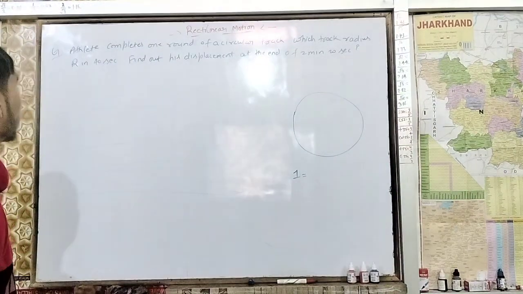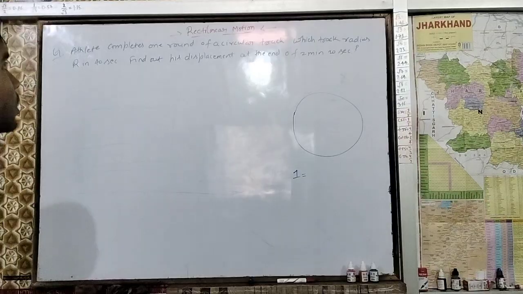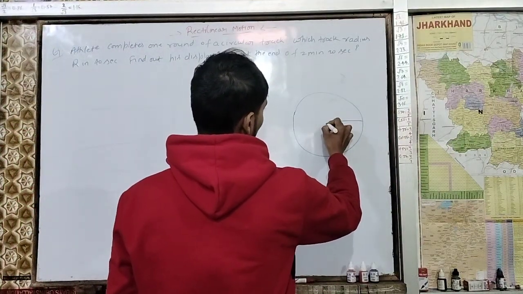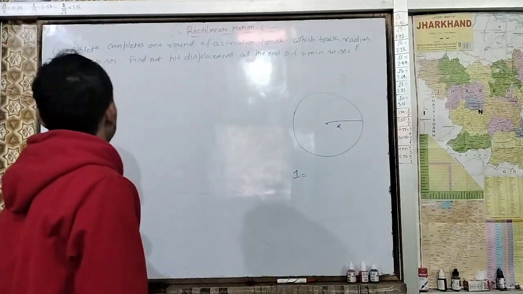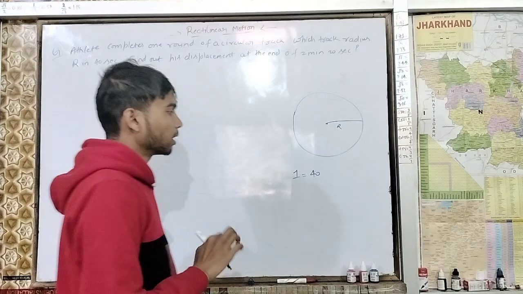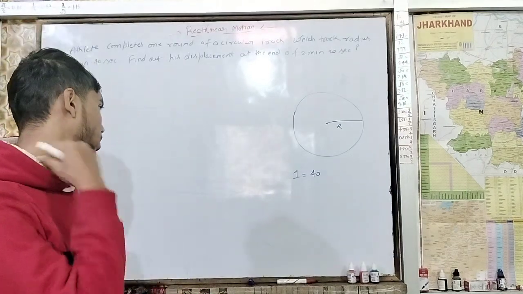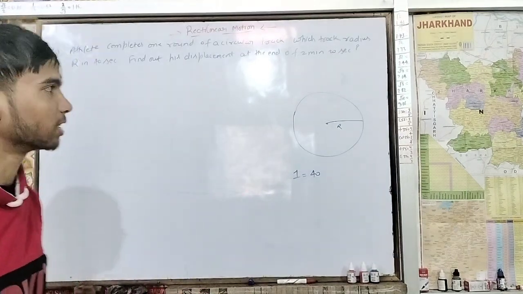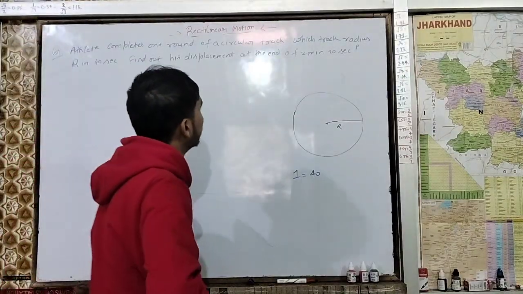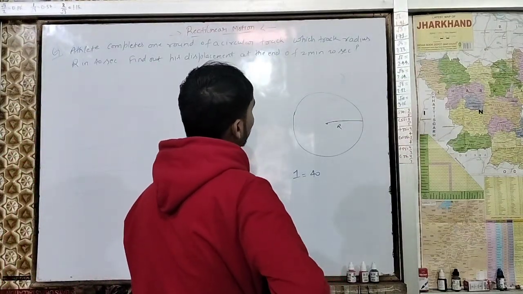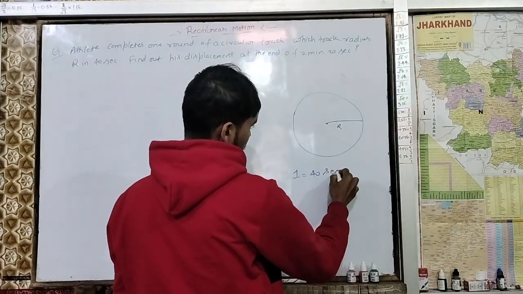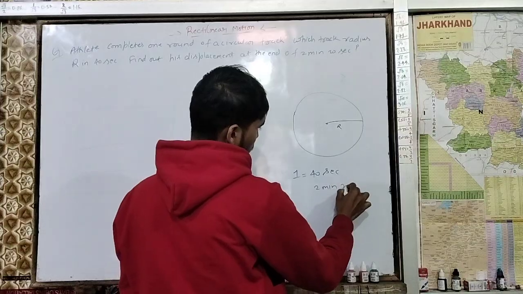Let's say the track radius is r, and he completes it in 40 seconds. In 40 seconds he completed how much? One round. Radius r is not given. Find out his displacement at the end of 2 minutes 20 seconds.